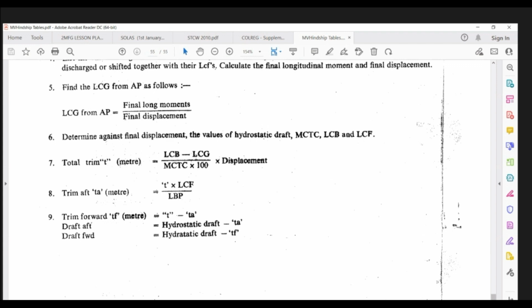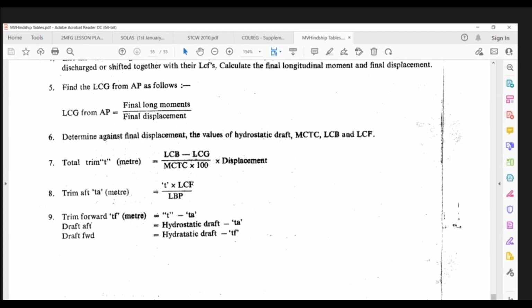Okay sir. And even the last step, look, step number 5, the last step, calculation of the draft, he has also shown here. Draft aft is equal to H minus TF. This is written wrong. Some of the books you will find it is written correctly.